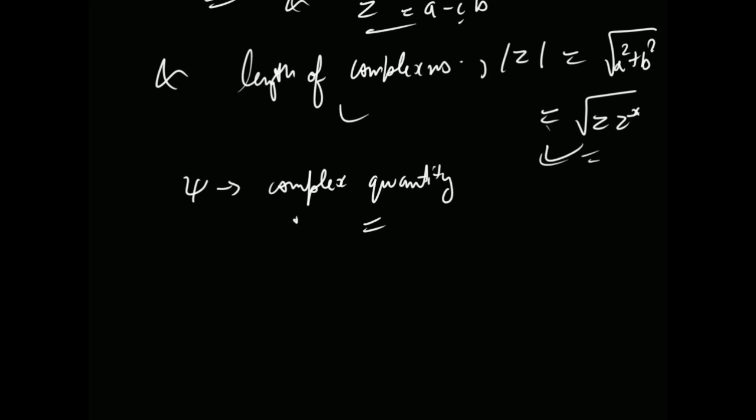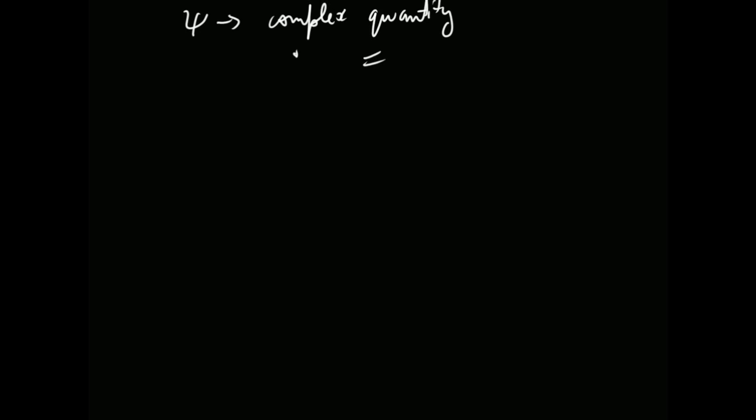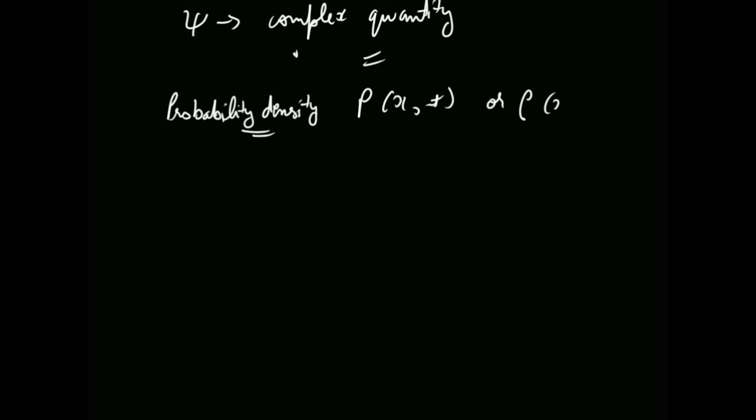But the physical meaning of psi comes when you put in the concept of probability density, represented by P(x,t) for one dimension, or rho(x,t). So this is the probability density, and what is it equal to?